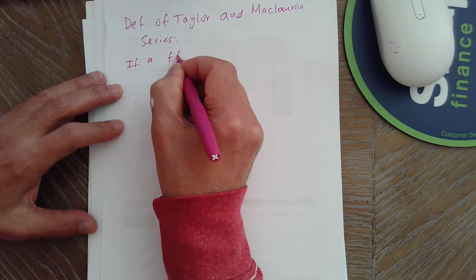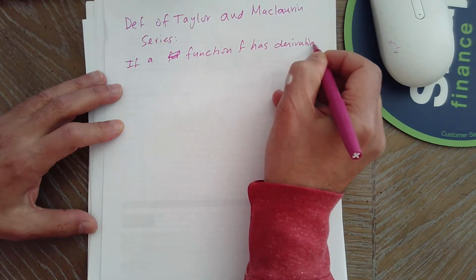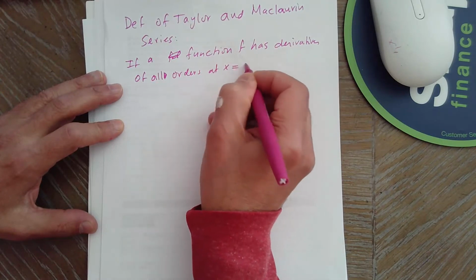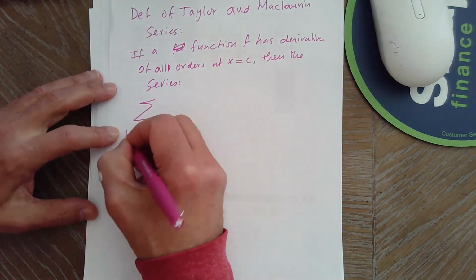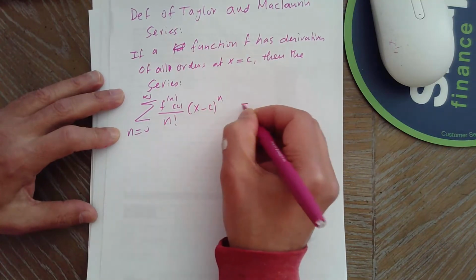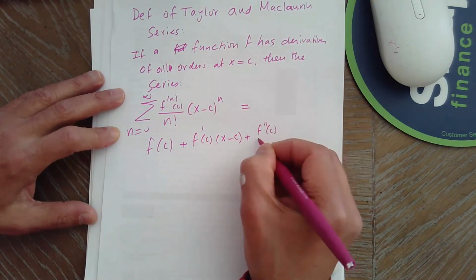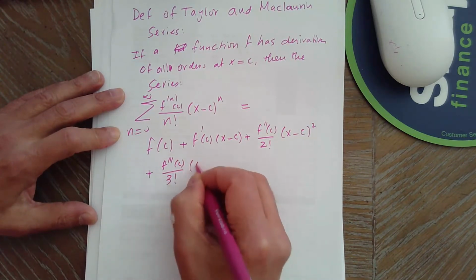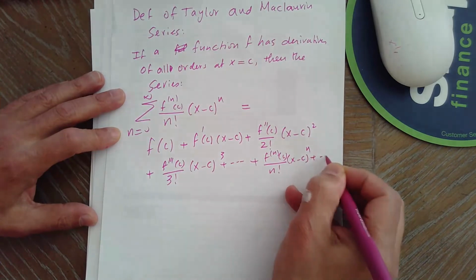If a function f has derivatives of all orders, like first derivative, second derivative, and so on, at x equals c, then the series, the one we just talked about, the sum from n equals 0 to infinity of the nth derivative at c over n factorial times (x minus c) to the n, which can be written as f of c plus f prime of c times (x minus c), plus f double prime of c over 2 factorial times (x minus c) squared, plus f triple prime at c over 3 factorial times (x minus c) cubed, plus the nth derivative at c over n factorial times (x minus c) to the n, plus and so on.